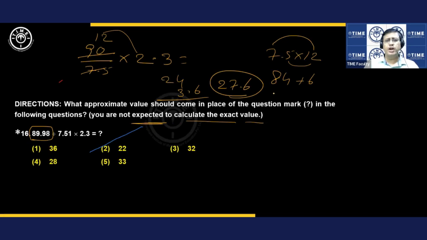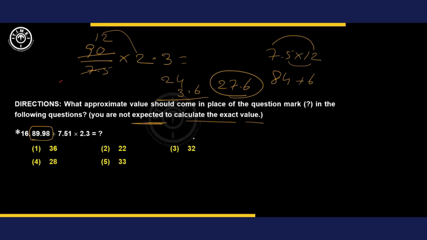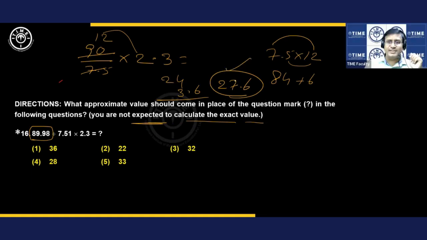27.6 means, my dear students, which option is close to 27.6? Come on, please, any one of you, please speak. My answer is 27.6. Which option is close to 27.6?